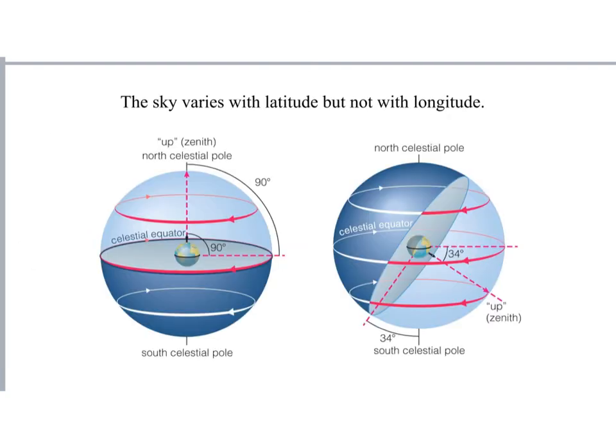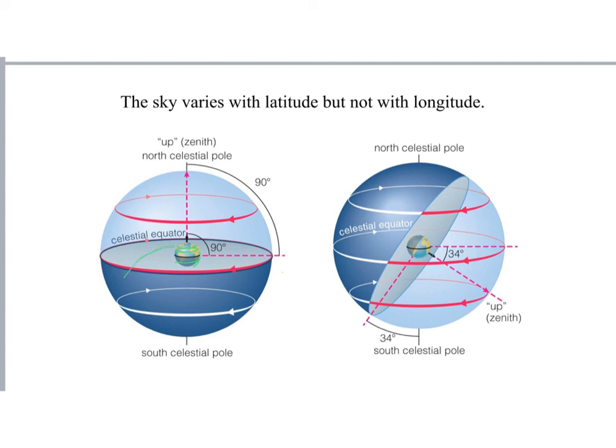All right. So the sky varies with latitude. Basically, it varies with where you are above or below the equator. But it's not going to matter whether you are in the Shenandoah Valley or in China, even though they are 12 hours apart.